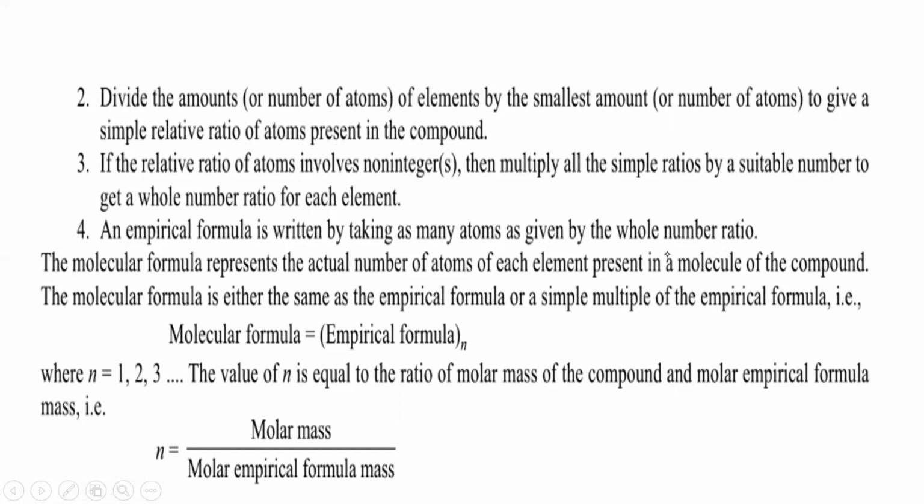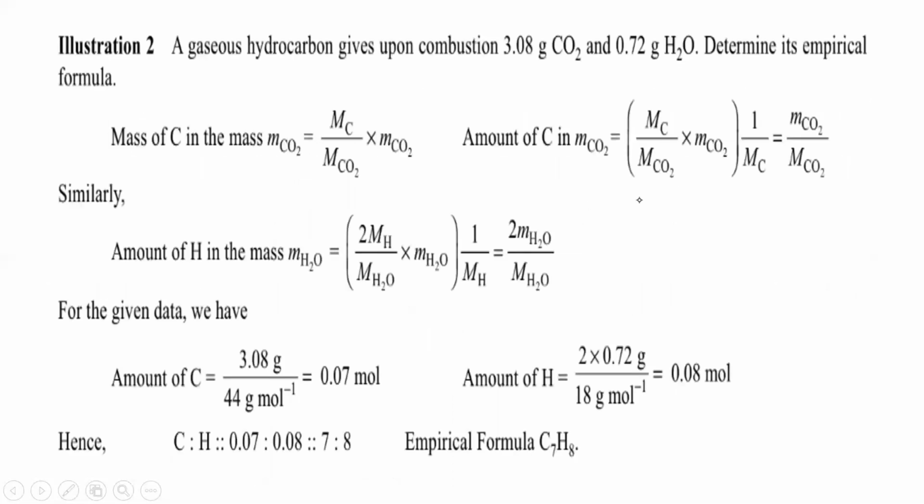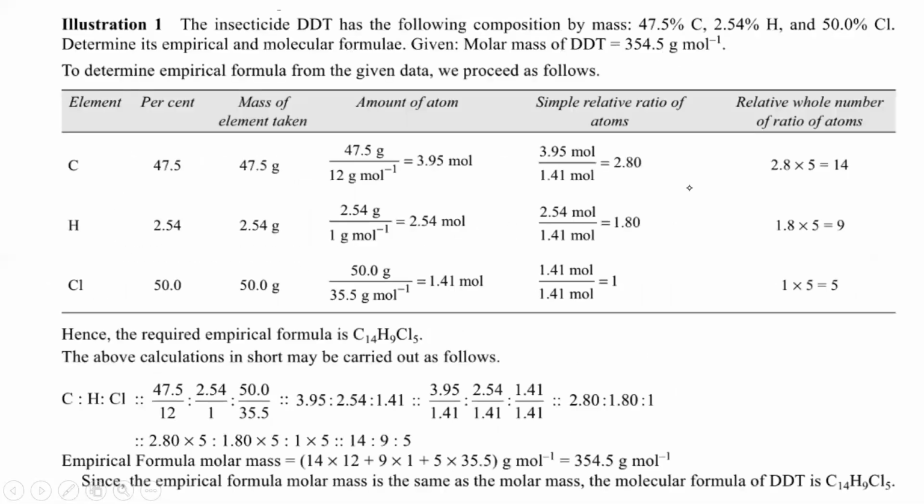These numericals are very, very important in the exam. So, you can easily understand. I'll tell you one example. Now you can see here, question number 1. The insecticide DDT has the following composition by mass.